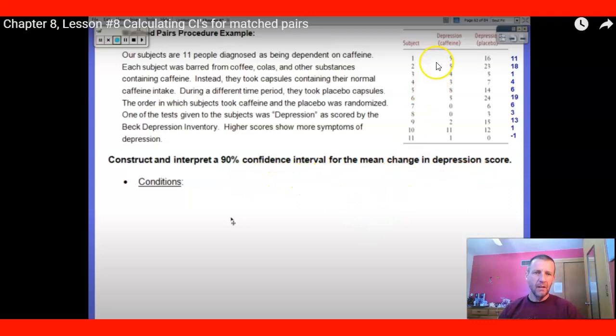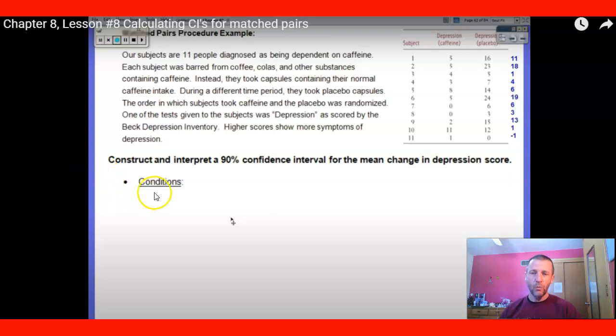That means I don't care what anybody's actual scores were, because there are some people that might have very low scores with or without caffeine, and there might be people that have very high scores with or without caffeine. So what I really need to do is compare their score with and without caffeine and see if there's a change. So we're going to construct and interpret a 90% confidence interval for the mean change in depression score. The change, not any of their individual scores, but how much difference there is between those.